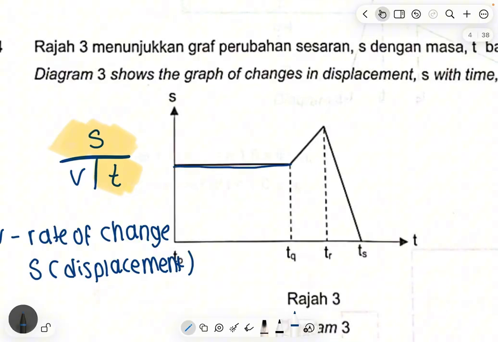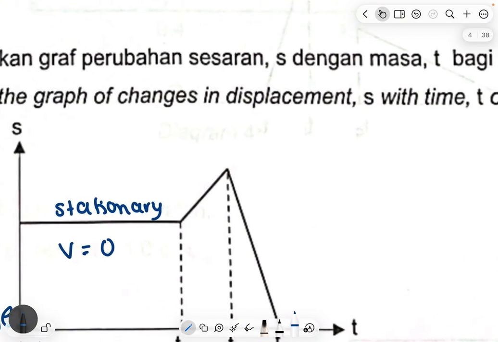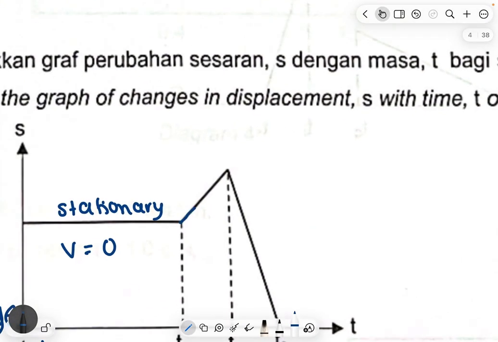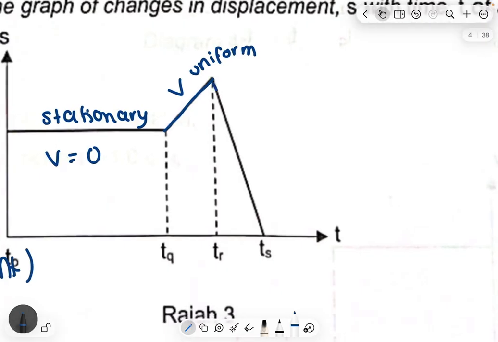So in this case, this indicates that the object is stationary. This means that if it's stationary, there's no displacement, so velocity is equal to 0. And here it's increasing, so velocity is uniform. And this also decreasing at a constant rate, so v is uniform.